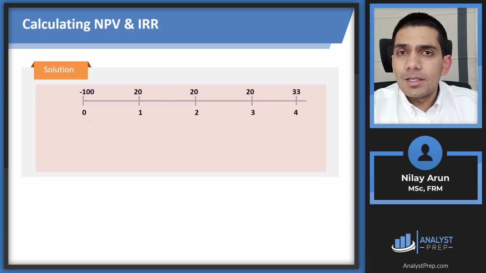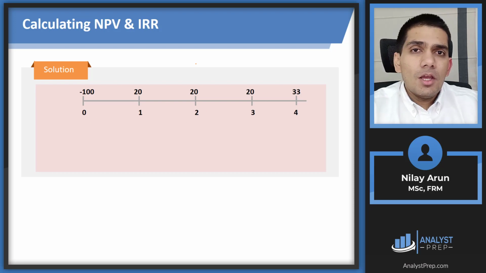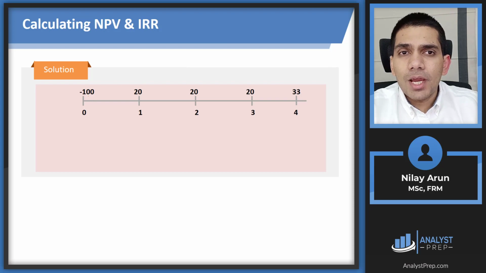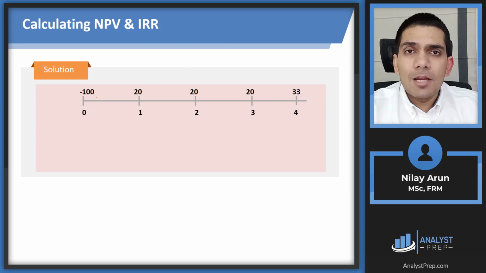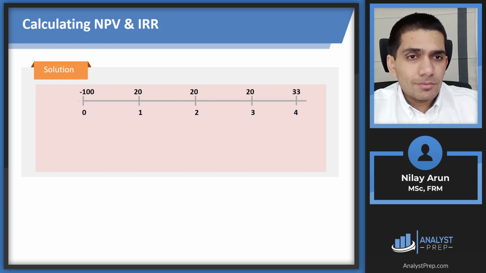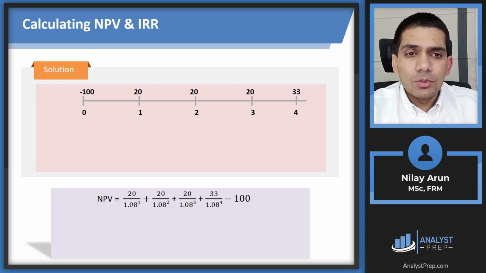This 20 again discounted for 2 years, this one for 3 years, and 33 for 4 years. Once we have done that, we add up the present value of the cash inflows, and we subtract the cash outflow that was occurring in time period 0, and that is what our NPV is going to be.